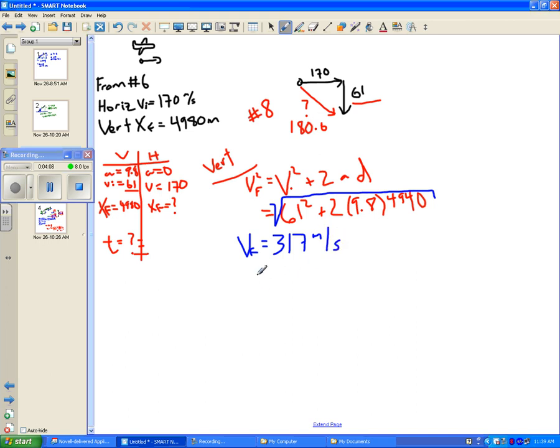Okay, now I need to solve for time. So I can use my VF formula. VF equals VI plus at. So, solve for t, I have VF minus VI divided by a.